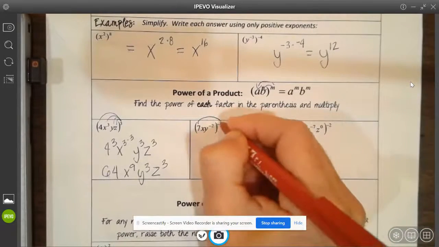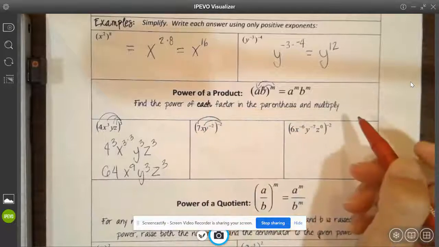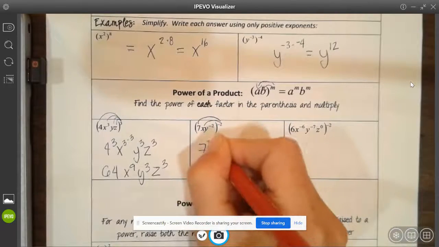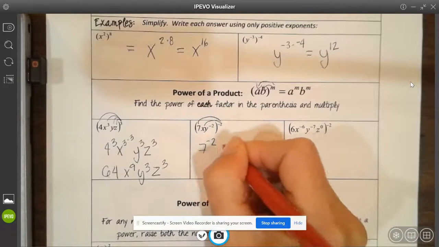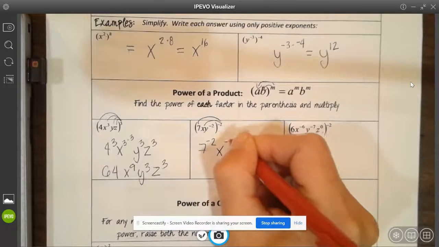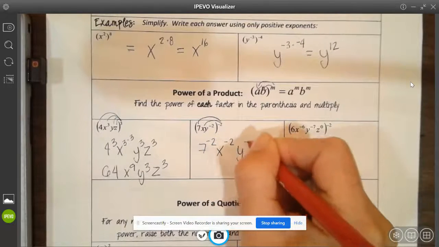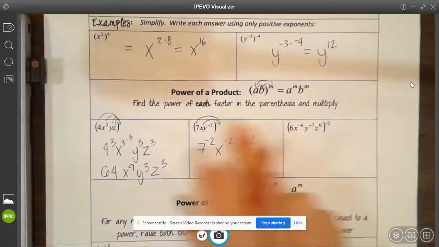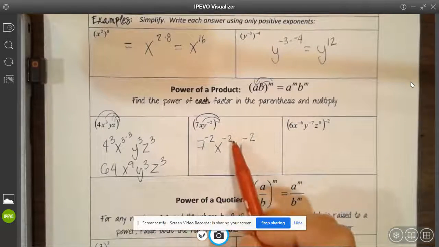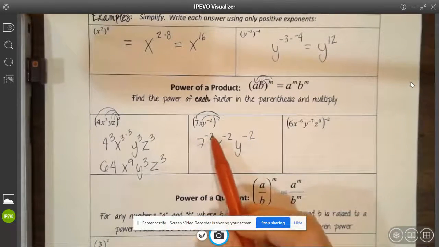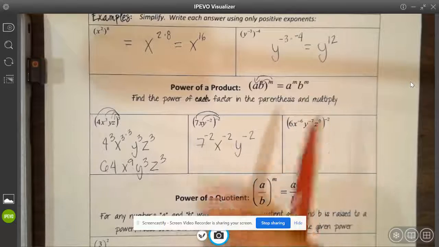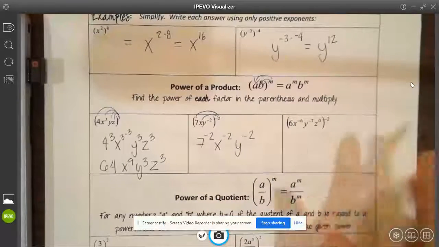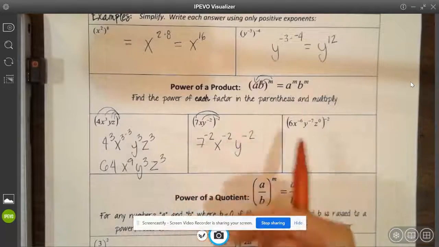Same thing here. So that times that, that's the power. So we're going to go 3 to the power of -2, x to the power of -2, and y to the power of -2. And then how do you simplify this? Well, when you have a negative exponent, we have to remember to put it underneath the fraction, as a denominator. So all these numbers will be underneath the fraction.